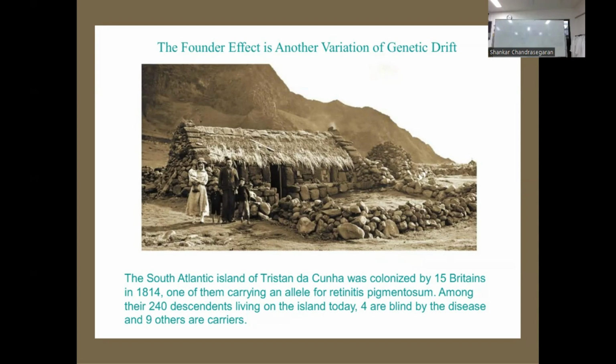That's how founder effect can have a very profound effect when we're thinking about a small population. So when only 15 people have isolated themselves, whatever disadvantageous allele they have will most likely be passed on and become prominent within the generations that follow. That's because we're talking about a small population.